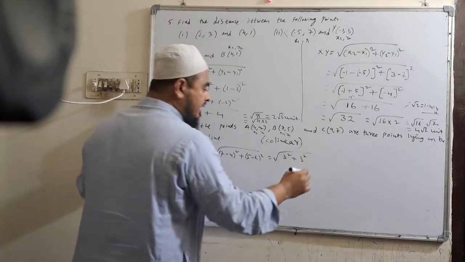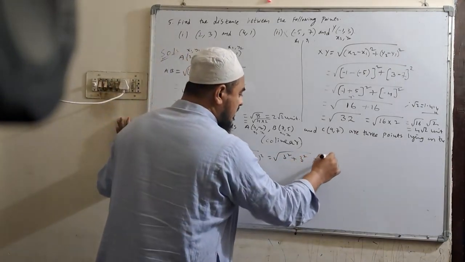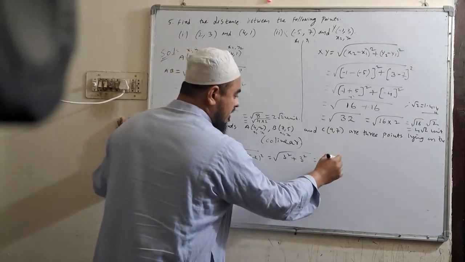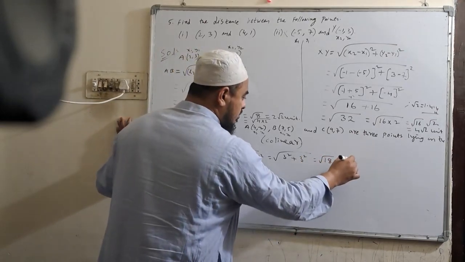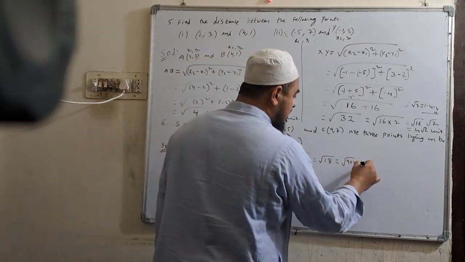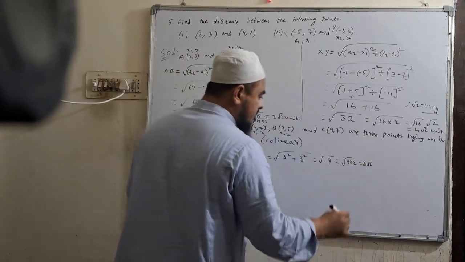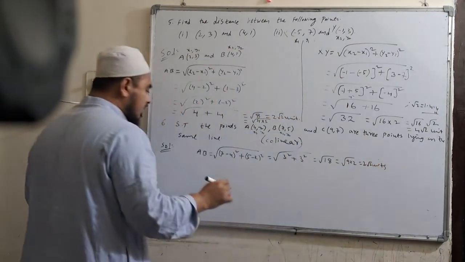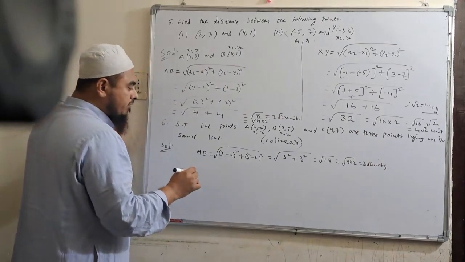So 9 plus 9, we get root 18. Root 18, you can write as root 9 into 2, and root 9 is nothing but 3. So 3 into root 2. You can write the units here. That is, we got the distance AB.